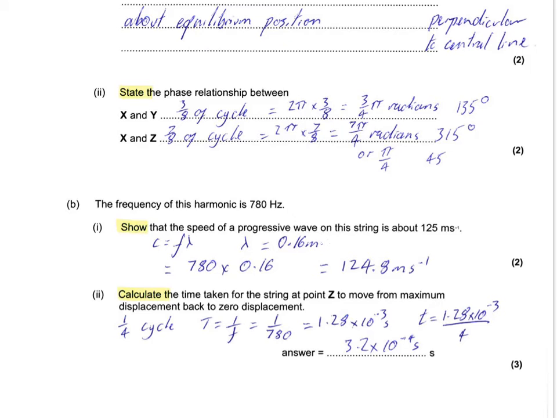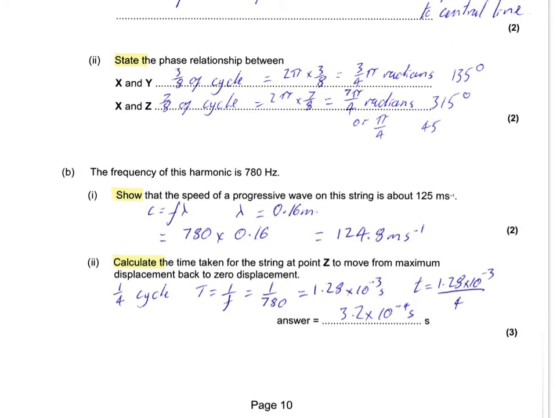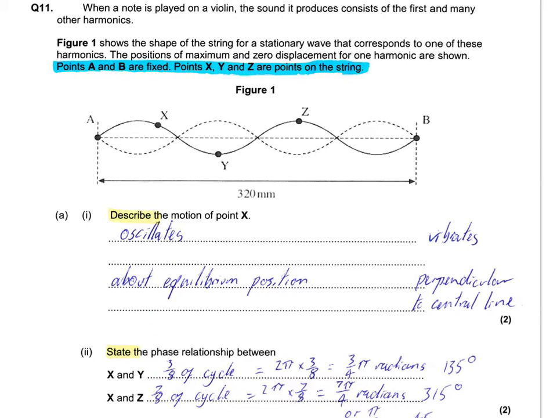Finally then, calculate the time, no it's not finally, the time taken for the string at Z to move from maximum displacement back to 0. So if we zoom all the way back to the diagram, here's Z, and one cycle would look like that, from the top to the middle, middle to bottom, bottom to middle, and middle back to the top. So Z going from maximum back to the middle is 1/4 of a cycle.